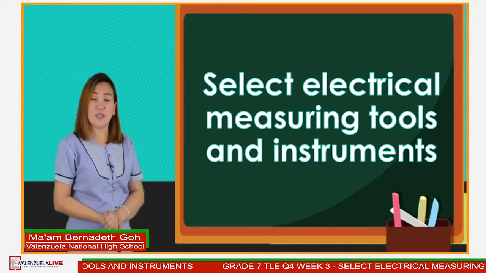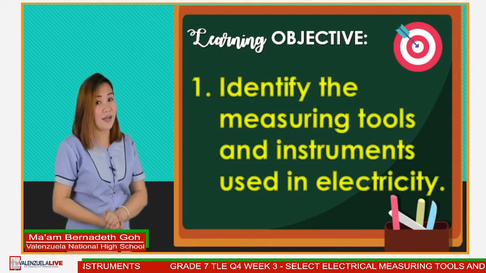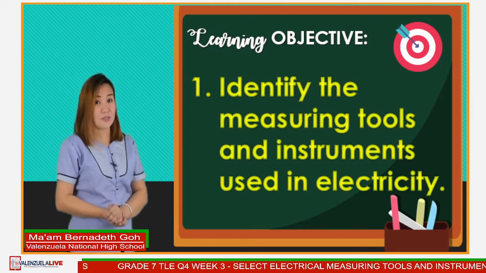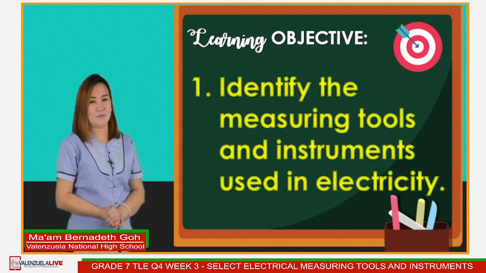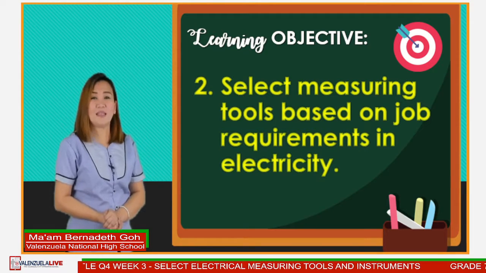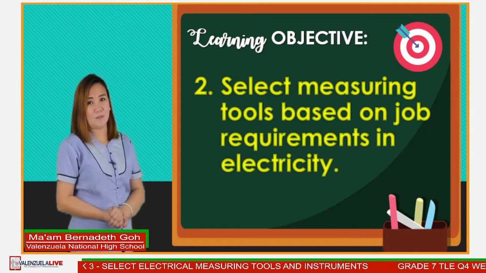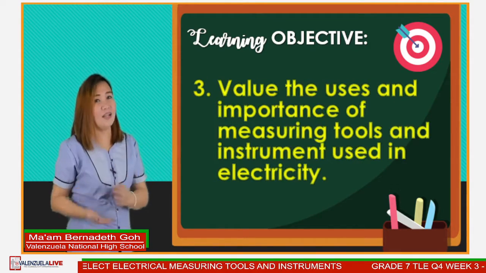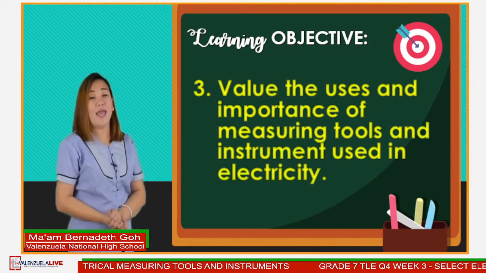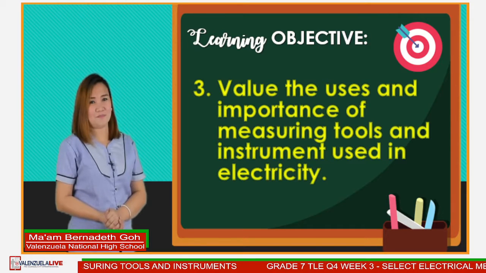Our learning objectives for this week are: identify the measuring tools and instruments used in electricity; select measuring tools based on job requirement in electricity; and value the uses and importance of measuring tools and instruments used in electricity.